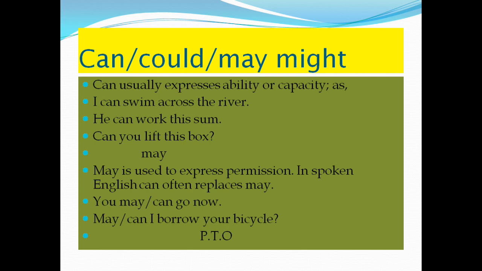He can work this sum means he has the ability, the capacity, to do the sum. We can also use it to ask questions about ability or capacity, right? Can you lift this box?